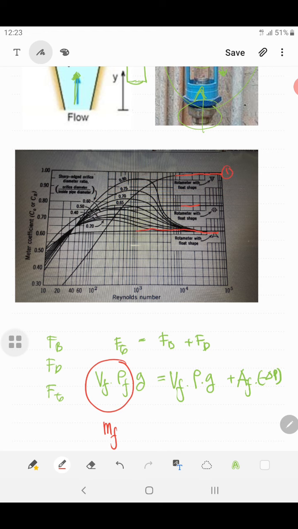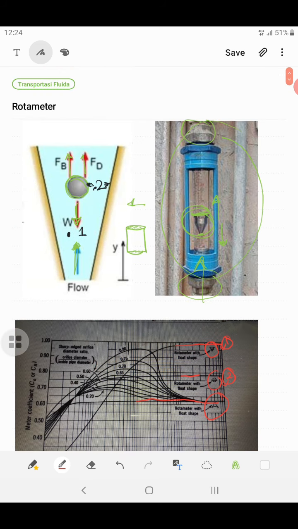The first one is the line for a rotameter with a float shape, and the second one is the shape you can see in the drawing, almost like a cone, like having a cylinder at the top and bottom and a cone cut in the middle. And this one looks like a star with 3 points. Okay, that's all for my explanation in English.